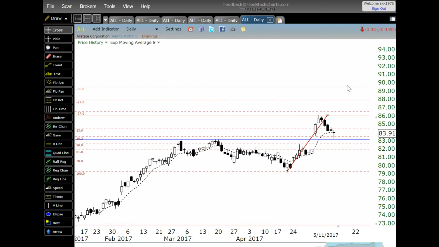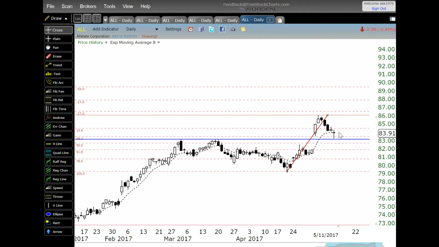If you wanted to hold the stock, this would be the final target I would want you to stay until. After that, I would not recommend staying long in the stock, because that will be like the fifth Elliott wave of the monthly chart. So that's going to be the final limit before it potentially turns down.